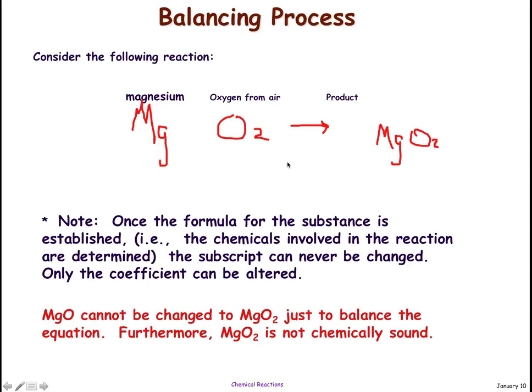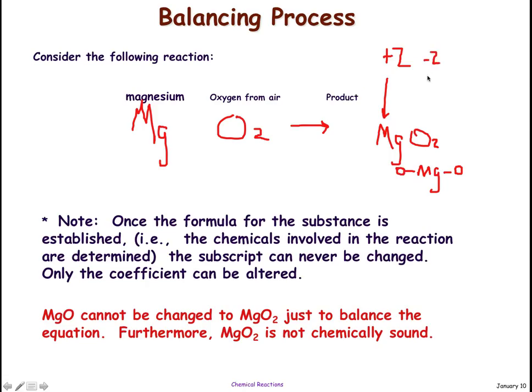But remember what I said, you got to make sure that the chemical formula that you have in your reaction is correct. And this right here is not correct, because you know that magnesium, based on the periodic table, is +2, and oxygen is -2. Remember there are 2 oxygens here, so in MgO2 each oxygen is -2.